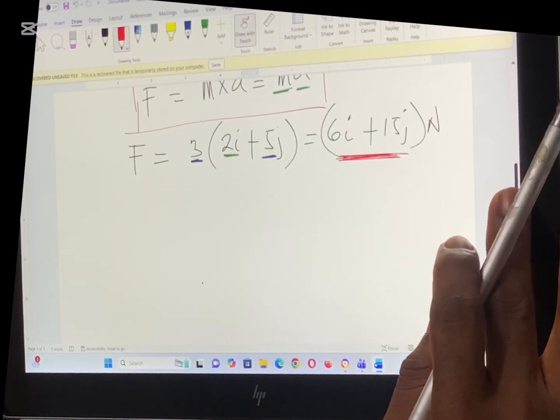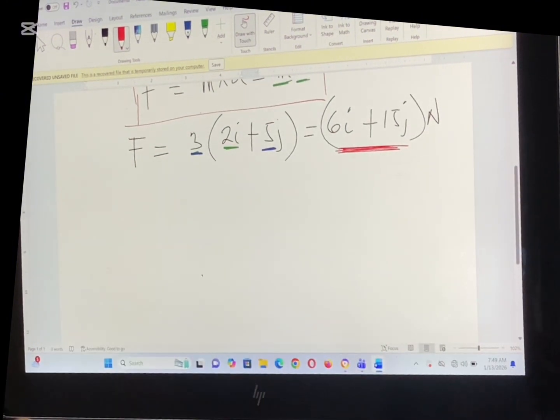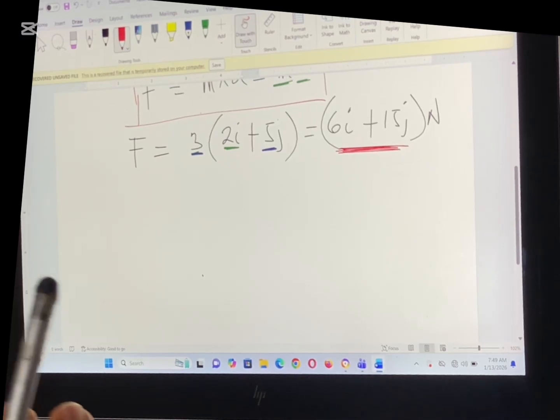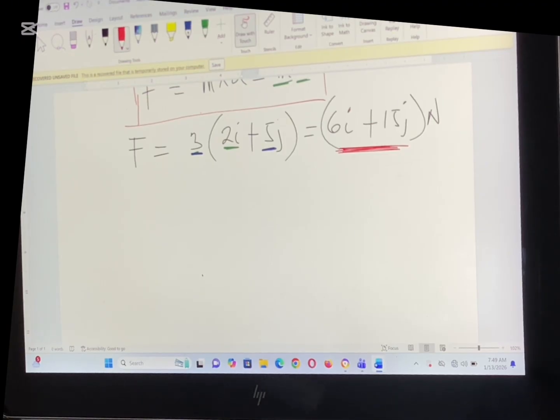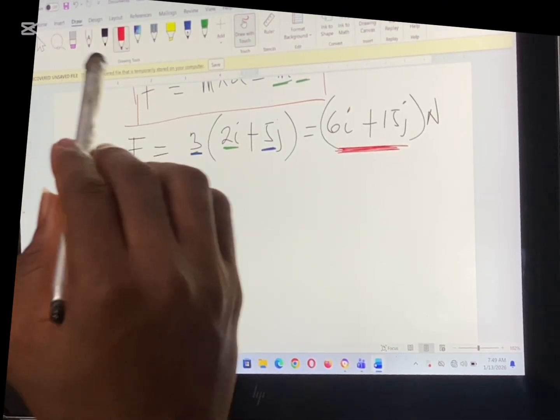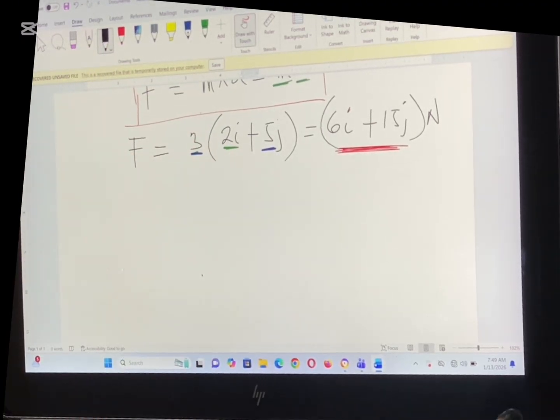Class, there's something you have to know here. To calculate the magnitude, either you call it magnitude, or you call it absolute value, or you call it modulus. Please listen to me carefully. These two words here are the same as magnitude.